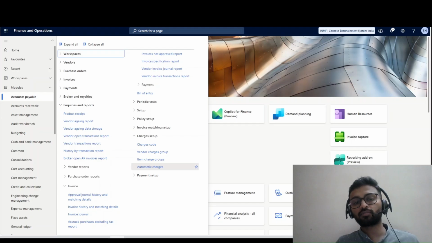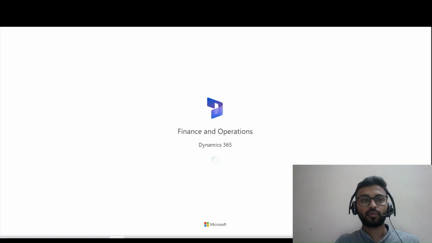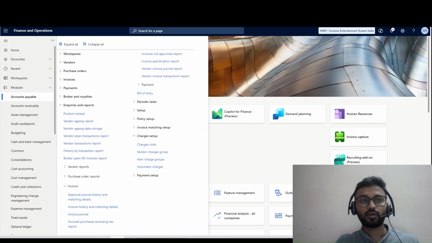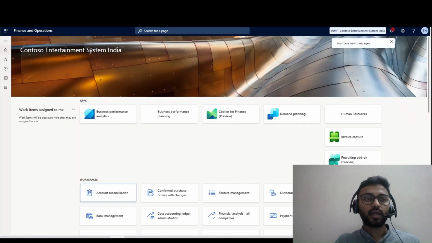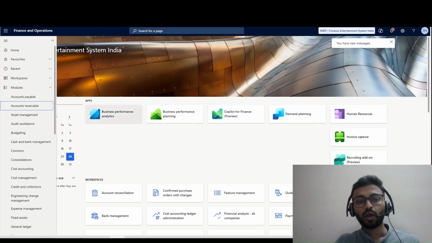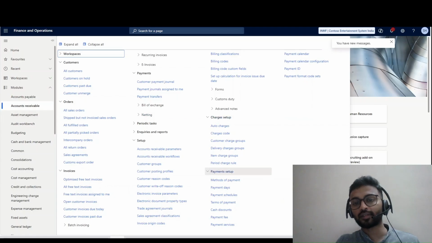So charge code we will create now, and similarly I'm creating a duplicate tab. It is taking time. In the accounts receivable module we also have a charge setup. Over here we also have similar things: auto charges, charge code, item charge group, and customer charge group.